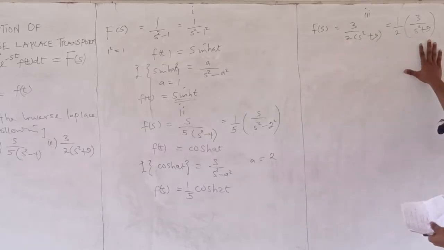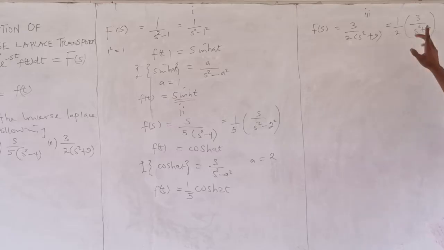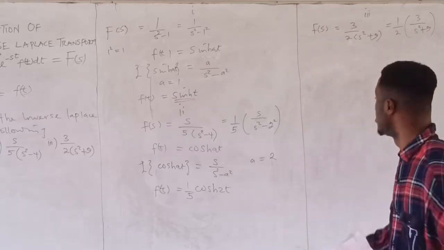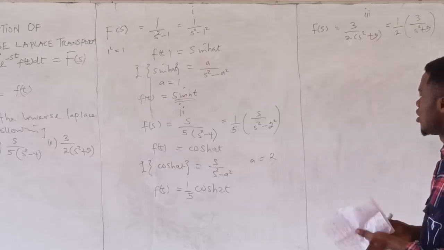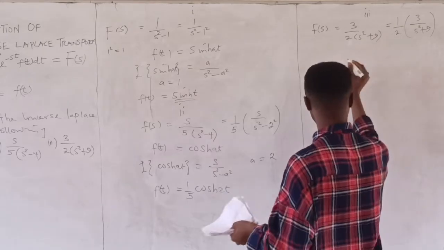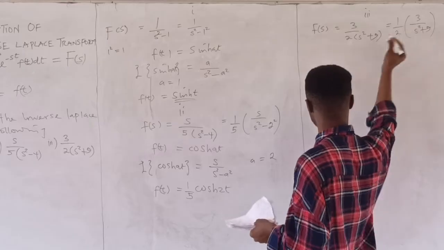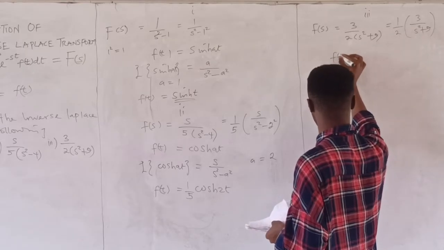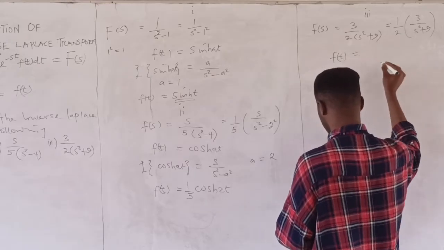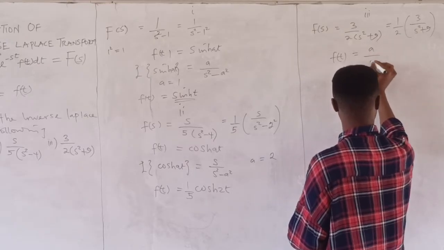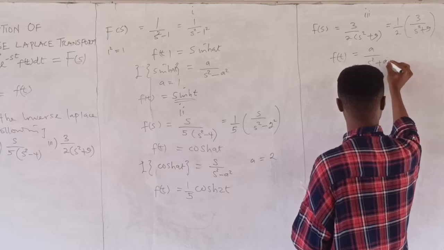Now when you have this kind of function, which type of f of s looks like this function? The type of f of t that can actually give us this will be the Laplace of f of t equal to a divided by s squared plus a squared.